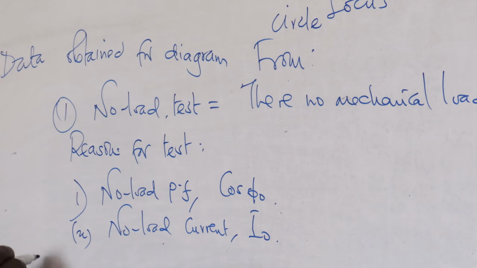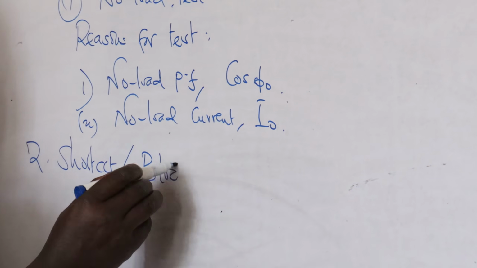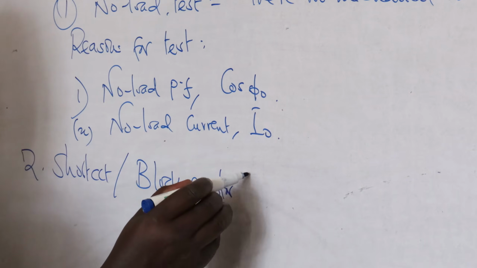And then number 2, we can also obtain this from what we call short circuit tests or blocked rotor tests.